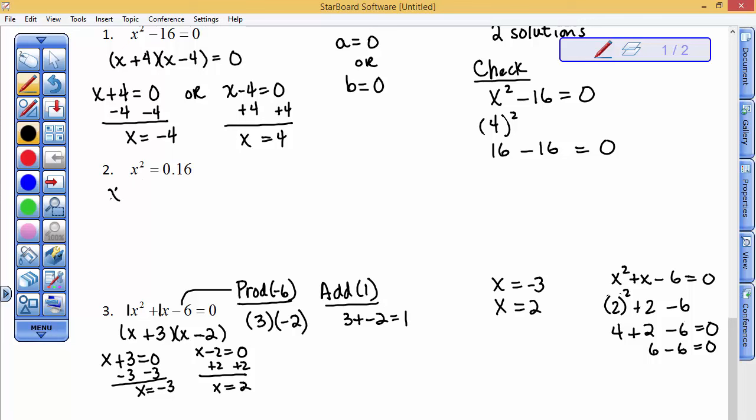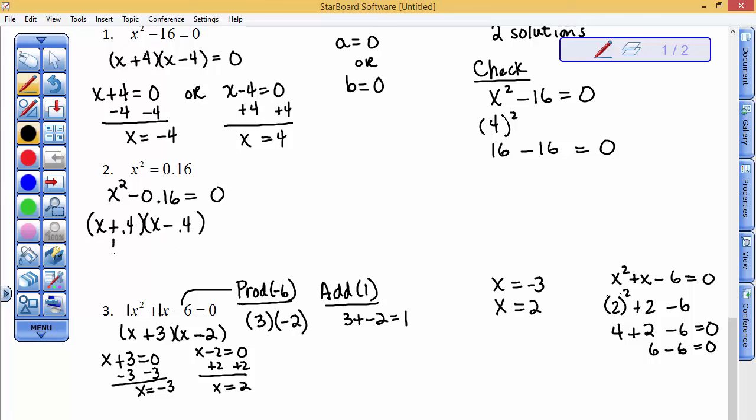I'm going to go ahead and bring that 0.16 over to the left-hand side of this equation. So it was a positive on the right side, so I subtract it from both sides. This is the difference of squares, and I need an x in the front of each of these, and a plus sign in one and a minus sign in the other, and a 0.4 times a 0.4 is 0.16.